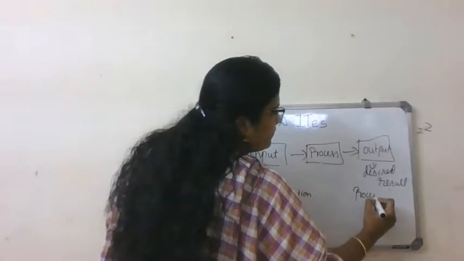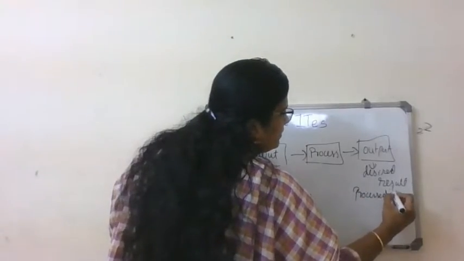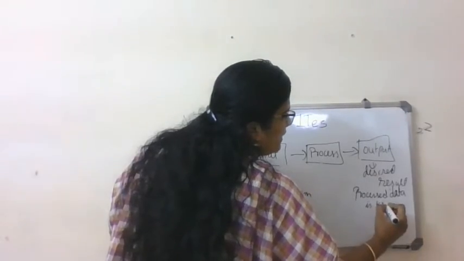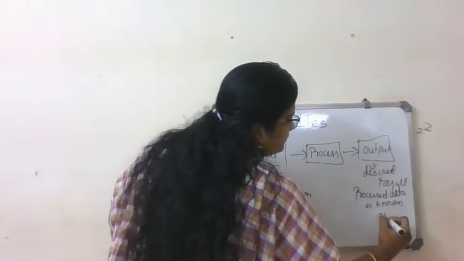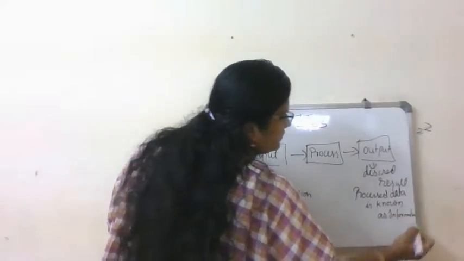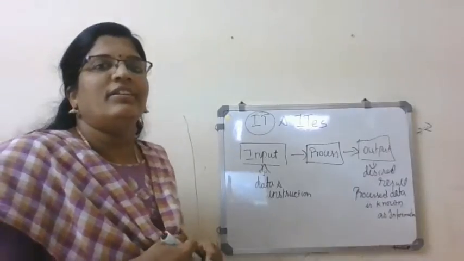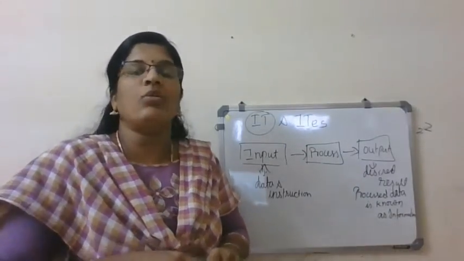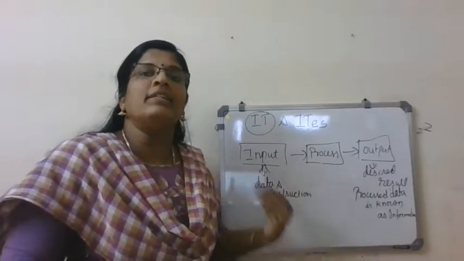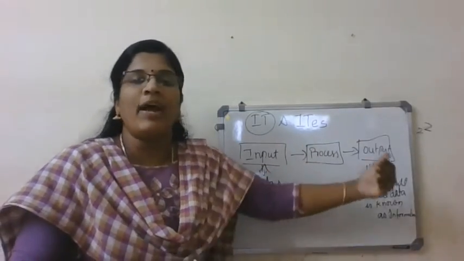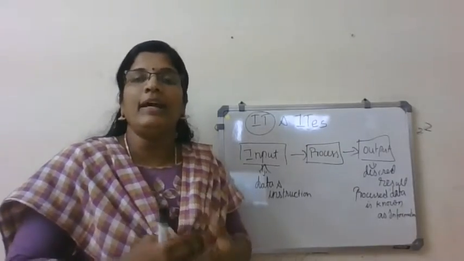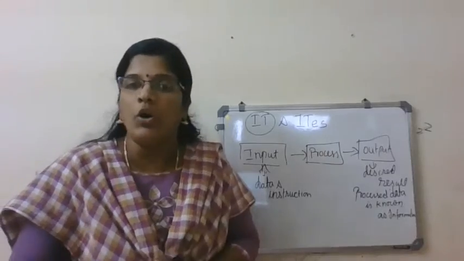Processed data is known as information. And again, the computer takes the input, processes it, and provides the desired result. That is the processed data, called information, which is the output.